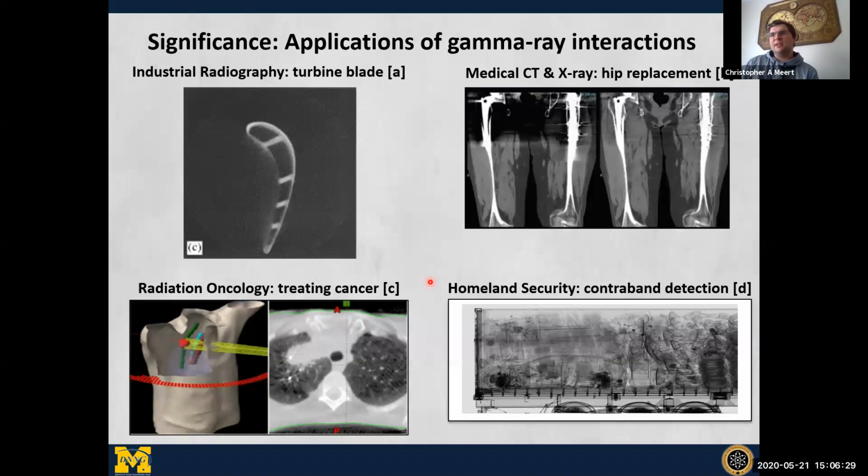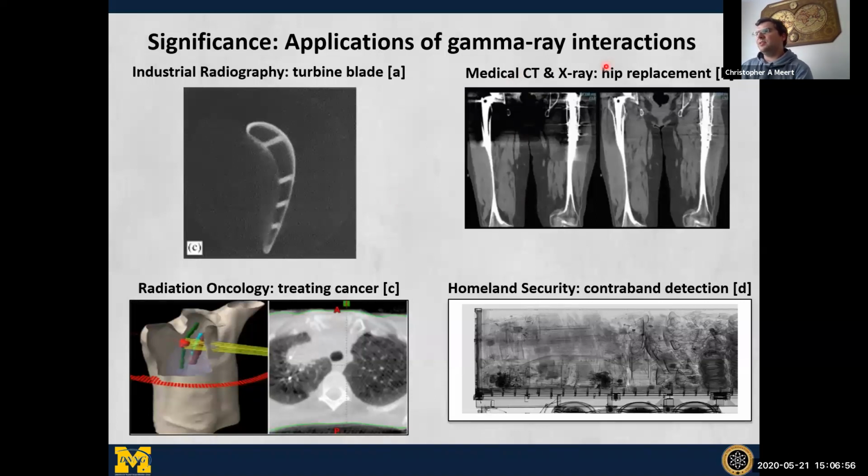On the upper left, I have a picture from an industrial radiography scan, computed tomography of a turbine blade. For example, you want your turbines to be well balanced and not have any structural defects. By using computed tomography with gamma rays, you can find if there are cracks in the structure or any other irregularities and see inside the structure after it's been manufactured. So that can be very valuable.